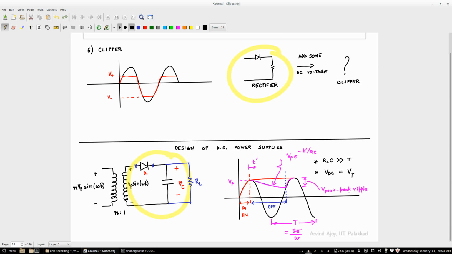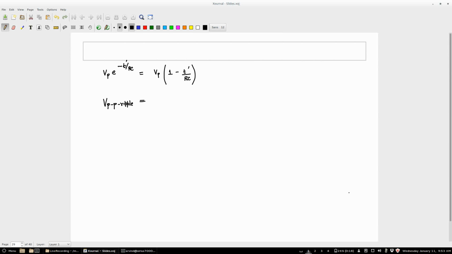What is T prime? I want to find this particular time when this thing actually comes and hits, but I don't really care. I'm going to say that this time is approximately equal to the time period of the signal. Very crudely, that makes sense, right?